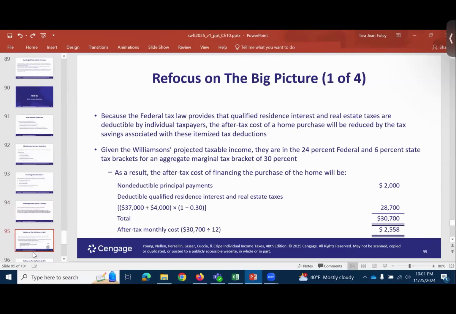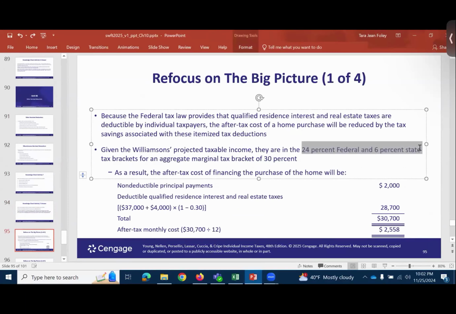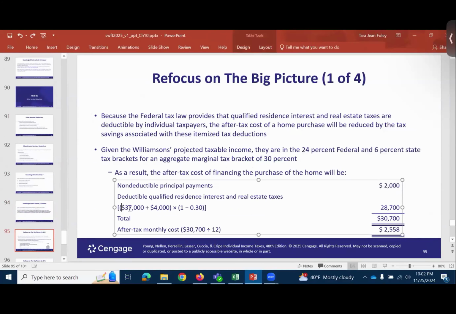Because the federal law provides qualified resident interest and real estate deductible taxes, a home purchase will be reduced by the tax savings for these itemized deductions on Schedule A. Since the Williamsons' projected income, they're 24% federal and 6% state. So they'd have $2,000. 37 plus 4 is their taxes, minus the 30% of taxes that they would have to pay is 28,700.